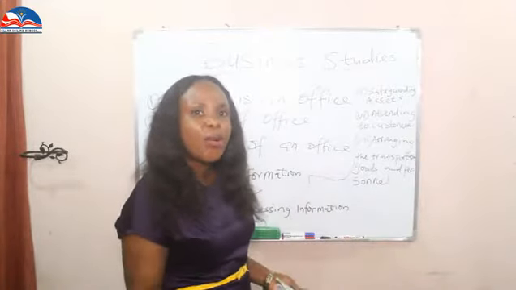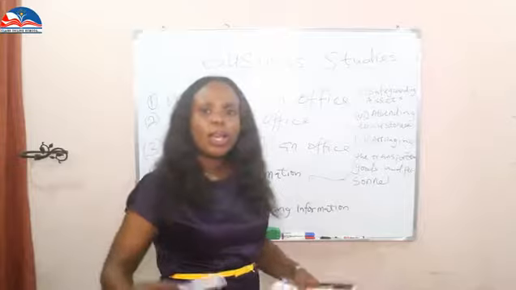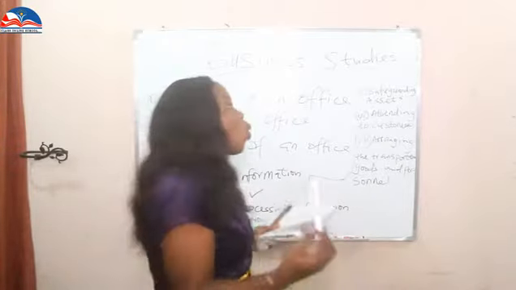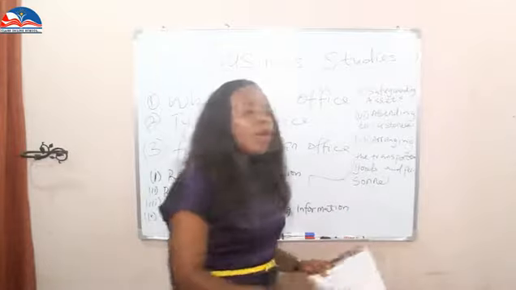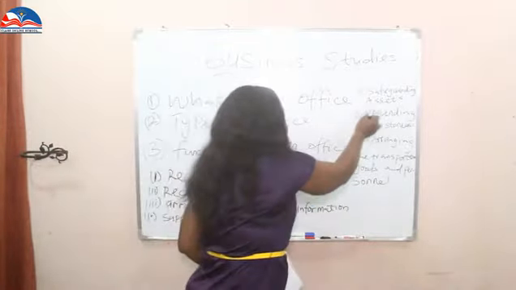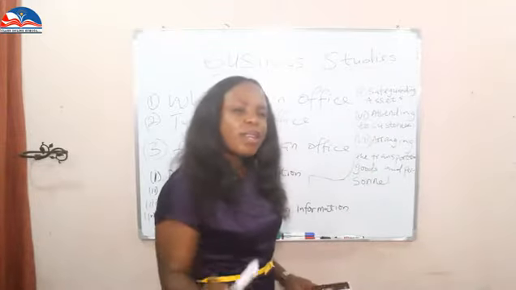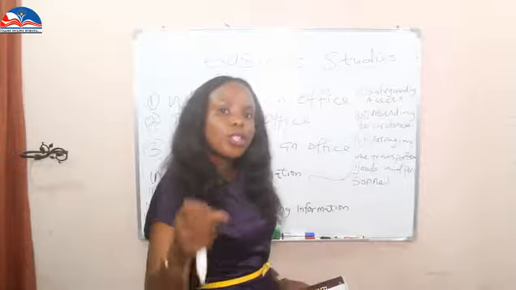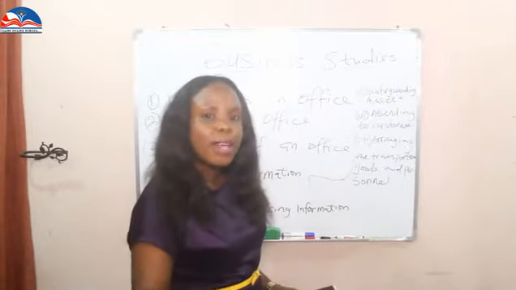If it's a vehicle, they have to make sure that the papers involved, all that is required of them to own that vehicle, are well processed. That is for assets. They make sure everything is put in place in order for them to have sole ownership of that asset.